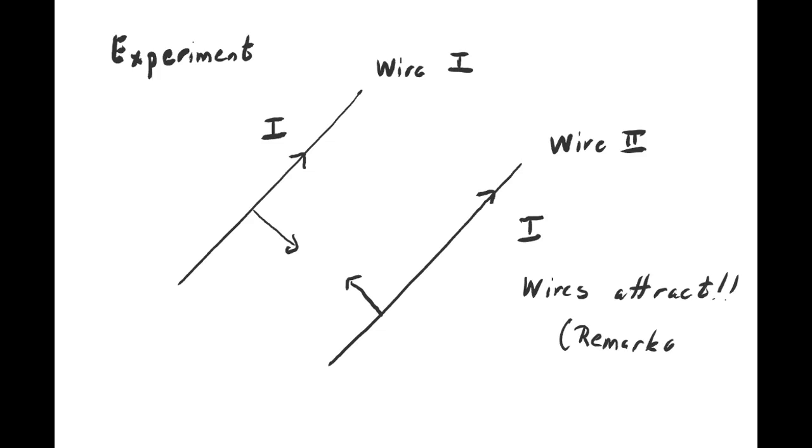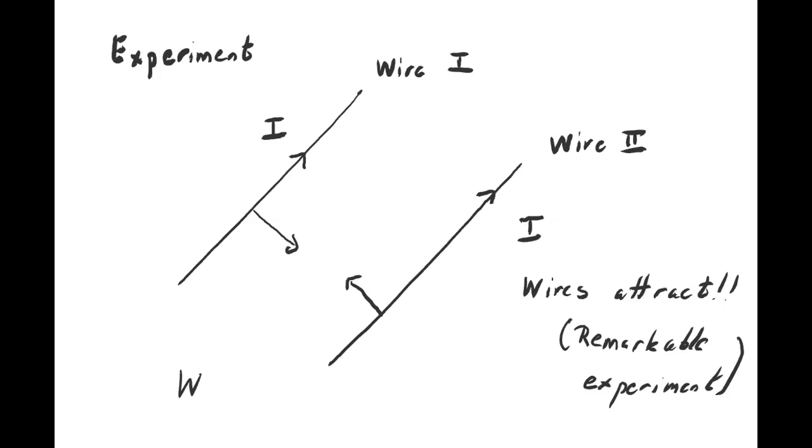This is a remarkable experiment. And there's no way in the world that I can explain this experiment by using anything we've talked about in the previous 12 lectures. Electrostatics is not going to help me.